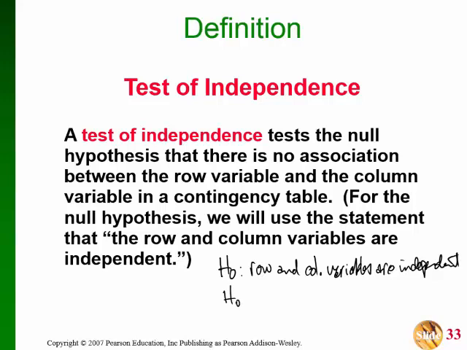And the total opposite of that is that the row and column variables are dependent. So you can see we're kind of pulled away from the math things, the math symbols and stuff. Now we're just using all words for the null and alternative hypothesis.